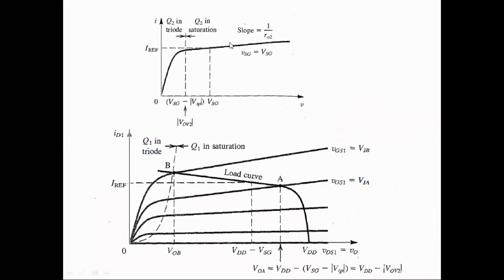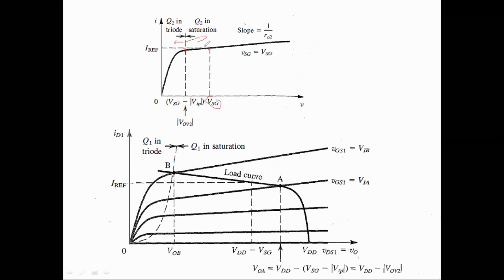First, let me write the VI characteristics of Q2, the P MOSFET. This one is the I versus VD characteristics of the P MOSFET. Initially VD is 0, it starts increasing, and this is the point where it differentiates the triode and saturation regions of Q2. This side is the triode region, this side is the saturation region, and the I reference is the current fixed by the voltage between source and gate, VSG.